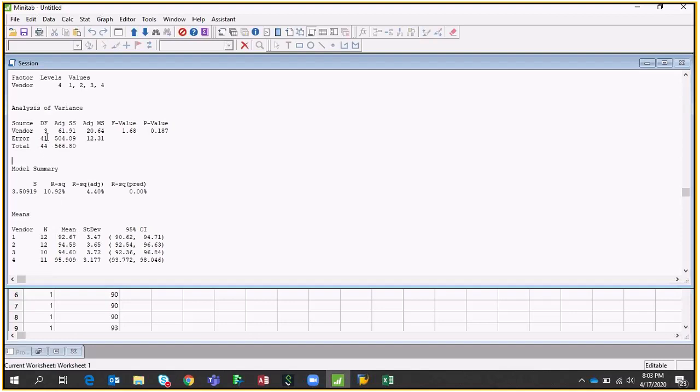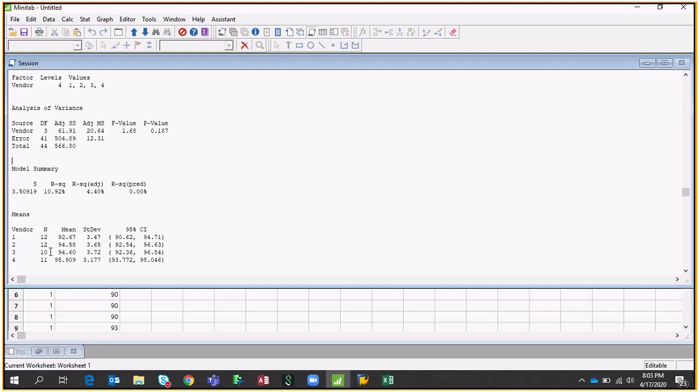Now, what is the meaning of error? Error is nothing but the degrees of freedom for each particular vendor, and then the sum of all those degrees of freedom will give you error. So for example, you have a total of 12 data points for vendor number 1, so the degrees of freedom for vendor 1 will be 12 minus 1, 11. For the second also 12 minus 1, 11.